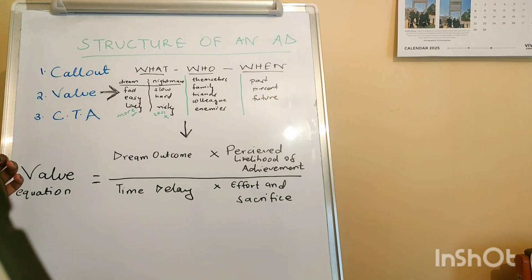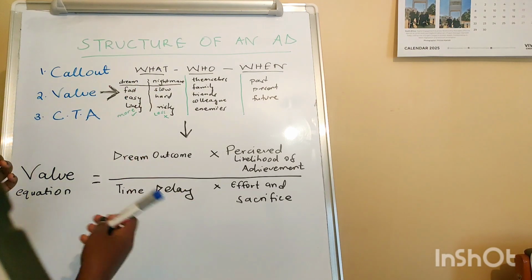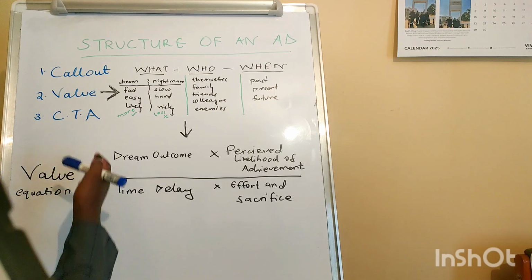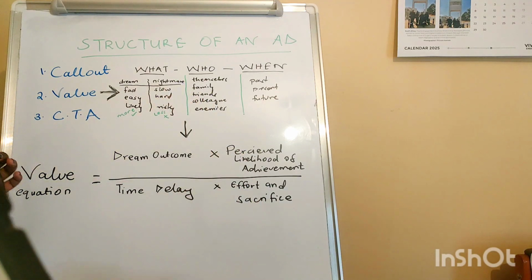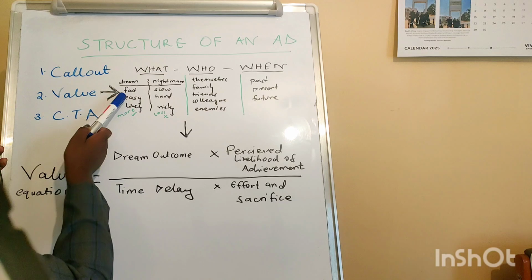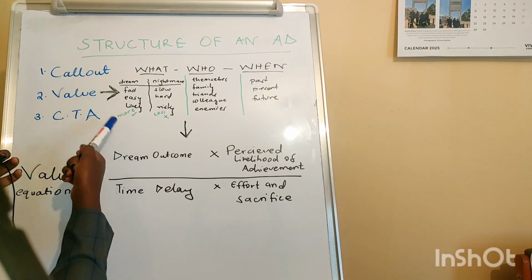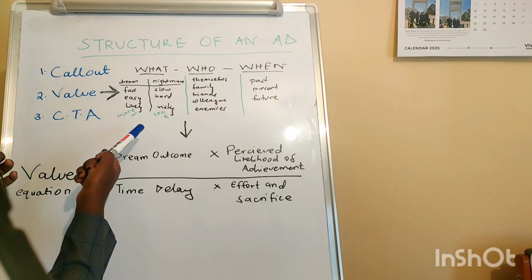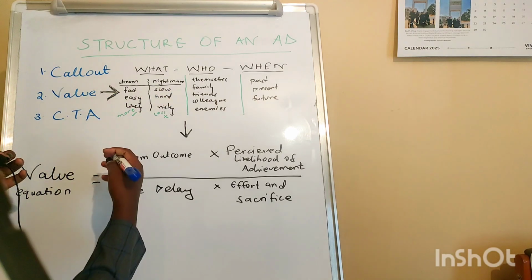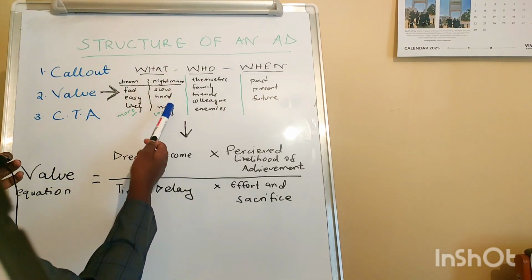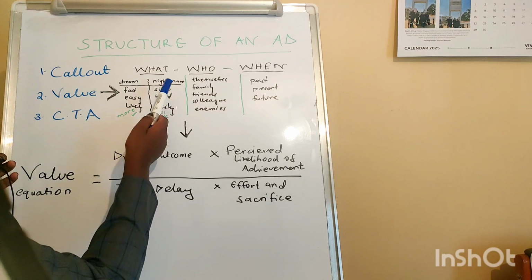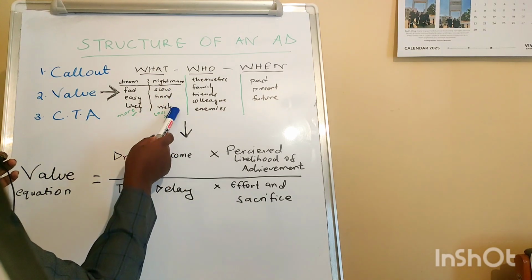Now remember, there is what people would perceive as dream outcome and as a nightmare. People want things fast, easy, and they want to be assured that the likelihood of achievement is up. The nightmare will be to get something slowly and hard, with a lot of effort and sacrifice, and risky.